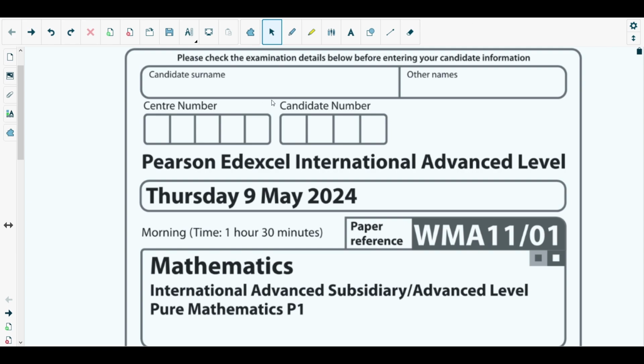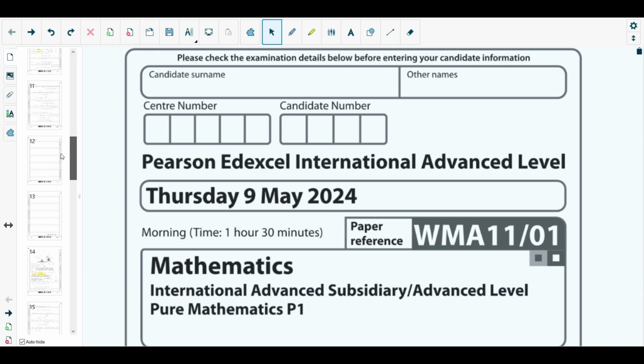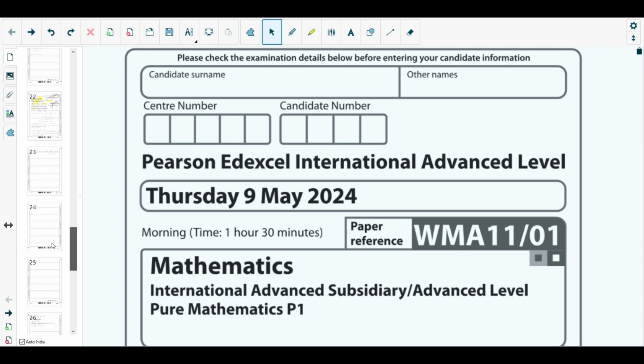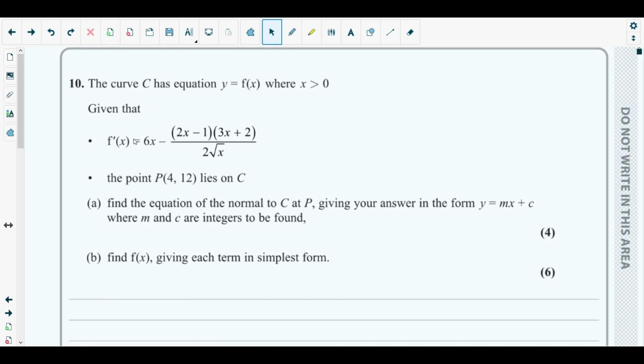In this video, we will be solving question number 10 from the P1 May 2024 paper. So let's see what question number 10 from May 2024 is about. The concepts behind question number 10 are from the calculus part of your P1 syllabus, discussed in chapter 8 and chapter 9, that is differentiation and integration of the P1 textbook.